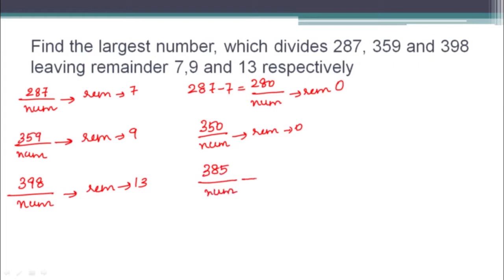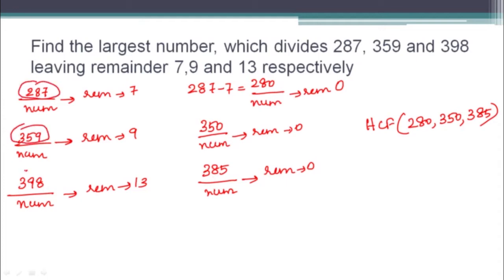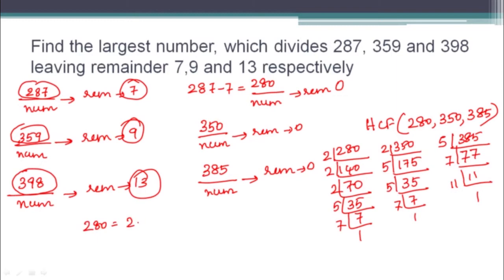What is that number? That number is nothing but the highest common factor of 280, 350 and 385. That is the number which will divide 280, 350 and 385 completely. With the same number, if I divide 287, 359 and 398, I will get these remainders respectively. So let's find out the HCF of these three numbers.